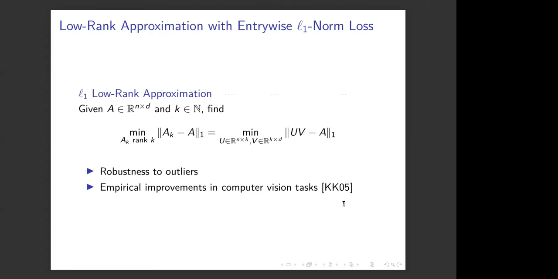So if there are some entries with large differences between A sub k and A, then this new L1 norm objective won't give so much importance to those outliers as opposed to the Frobenius norm, which will square those distances and inflate their importance. And this robustness property leads to some significant improvements in computer vision and signal processing problems.